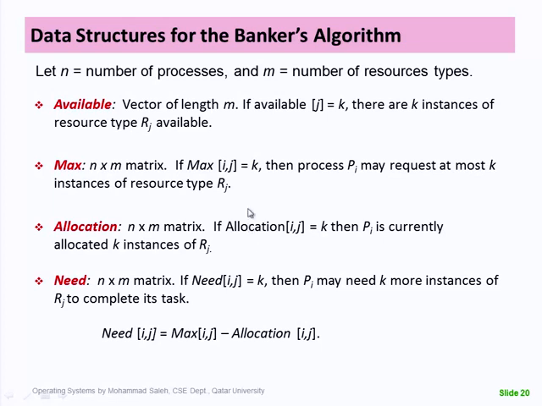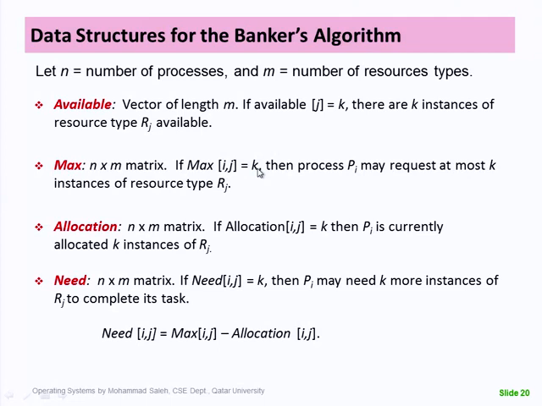So I say Max[i][j] equals k, for example, Max[2][3] equals 4. What does this mean? Max[2][3] equals 4.